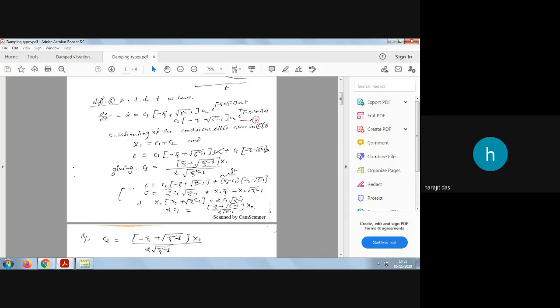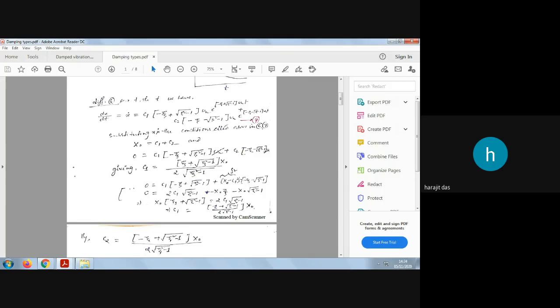Now you can simplify. So c1 times minus zeta, and c1 times square root of zeta square minus 1, and here c1 minus minus plus, so c1 square root of zeta square minus 1, so 2 c1 square root of zeta square minus 1, then minus x naught into zeta.